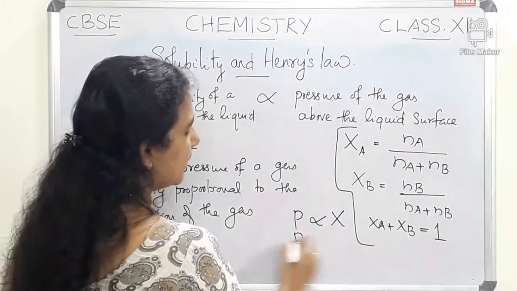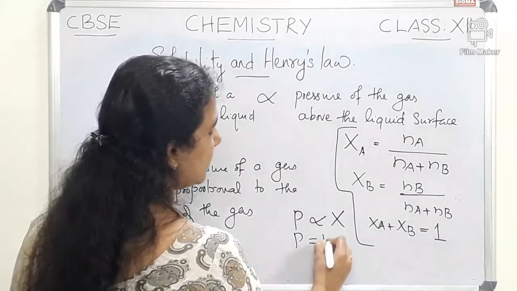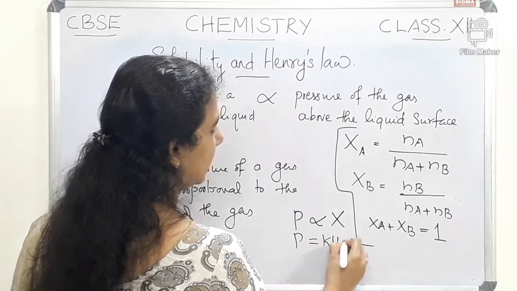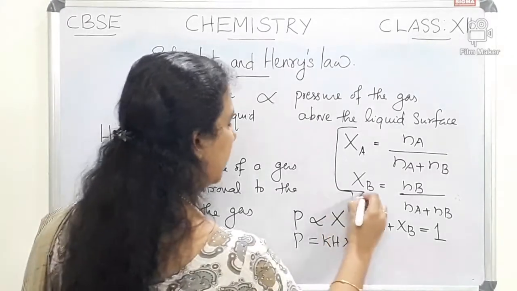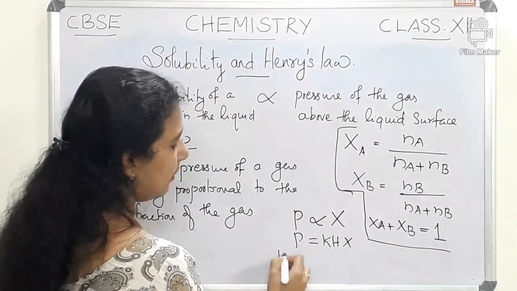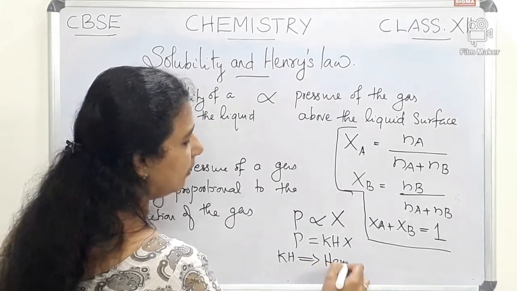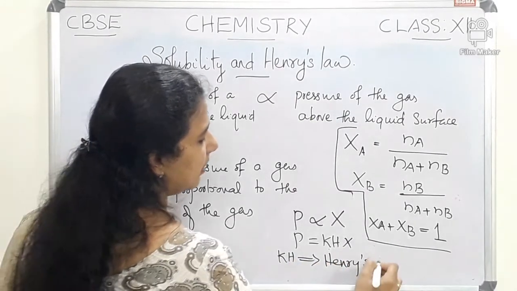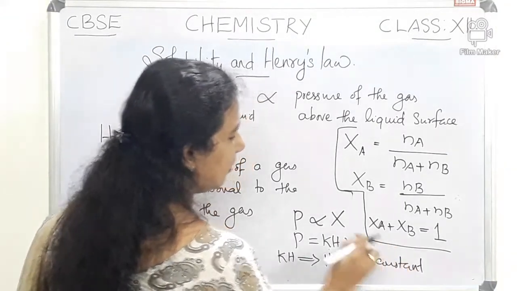So that proportionality constant can be removed by adding a constant called Kh, so P equals Kh into X. This Kh is known as Henry's law constant or Henry's constant.